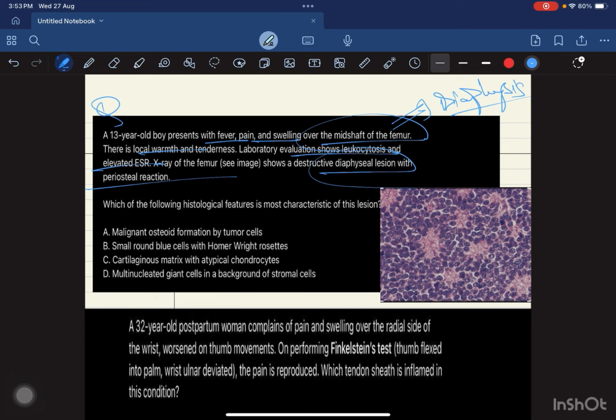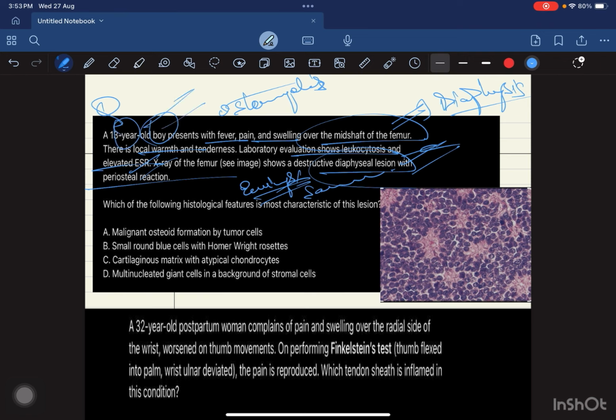Okay, so it is a diaphyseal tumor that mimics osteomyelitis, with warmth, elevated ESR and all those things. So it is Ewing sarcoma. It is pointing towards the diagnosis of Ewing sarcoma, which is very common in this 13-year-old age group.